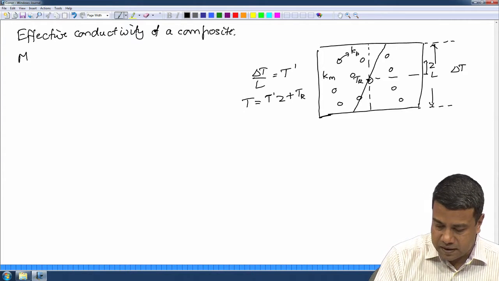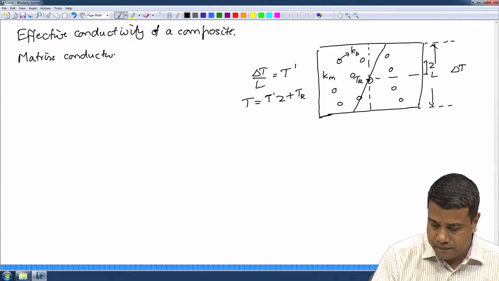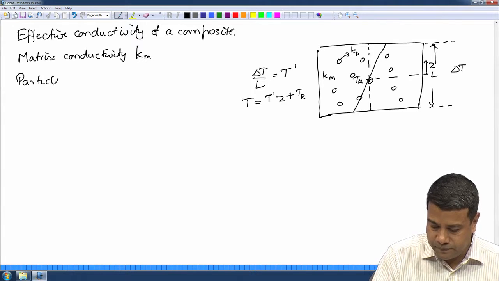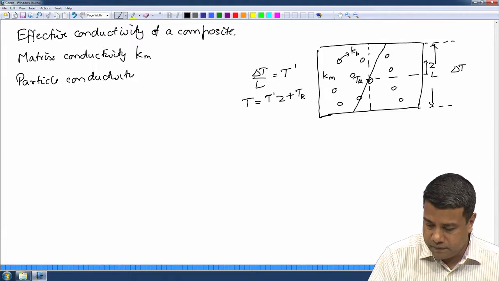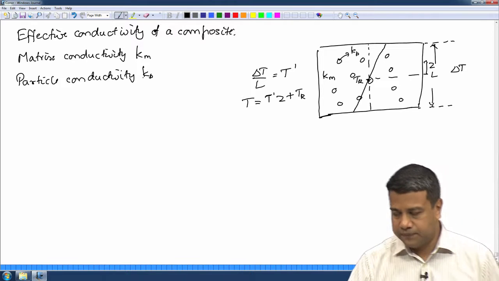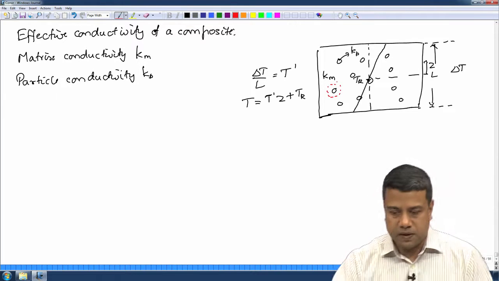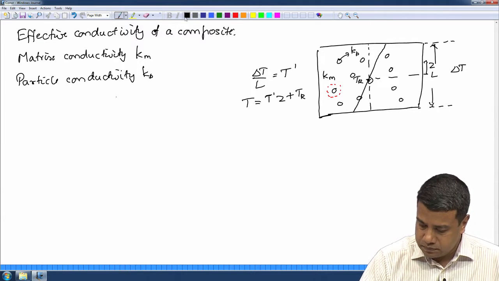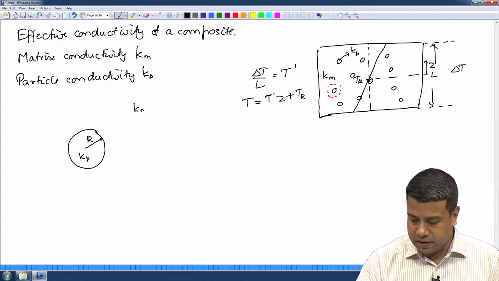So, if I just look at the region around one particle, the particles are considered to have a radius r and a conductivity K p in a matrix that has conductivity K m.